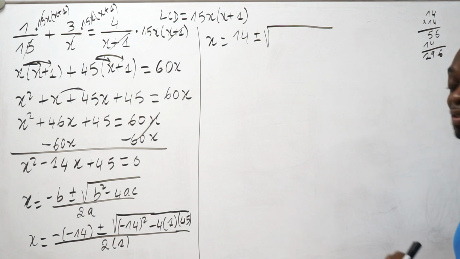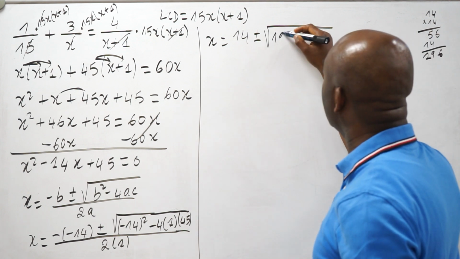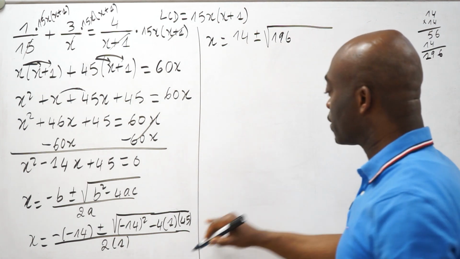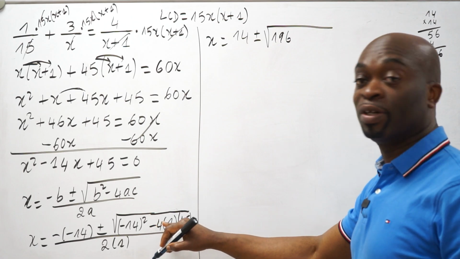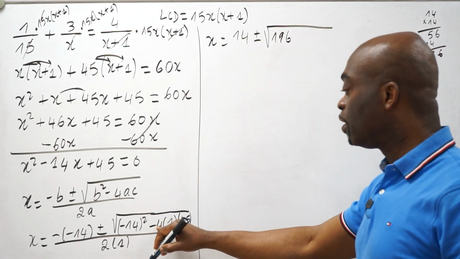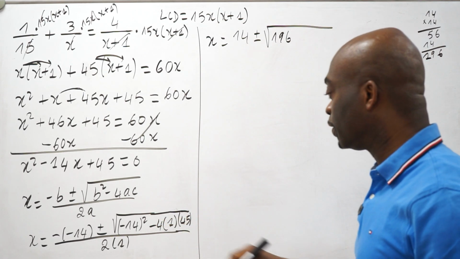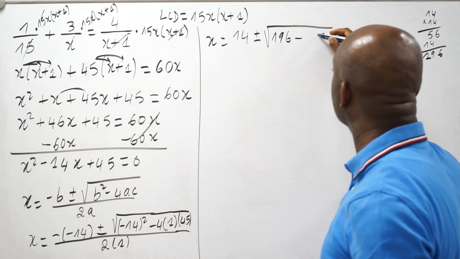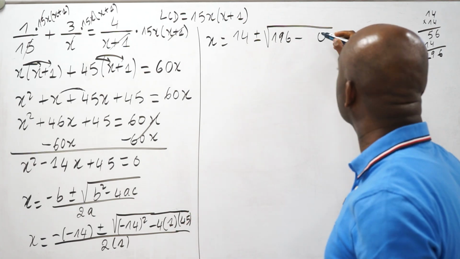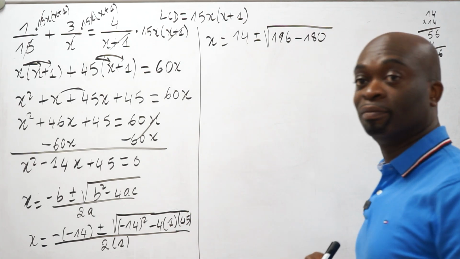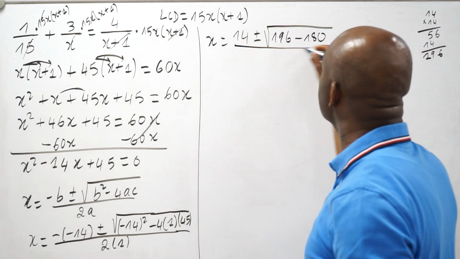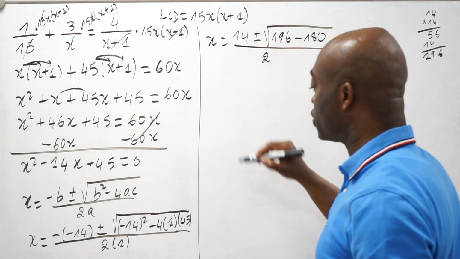That's 196. So 196 is a plus, and then negative times positive is negative. So 4 times 45 will give us 180. Okay? So divided by 2 times 1, which is 2.